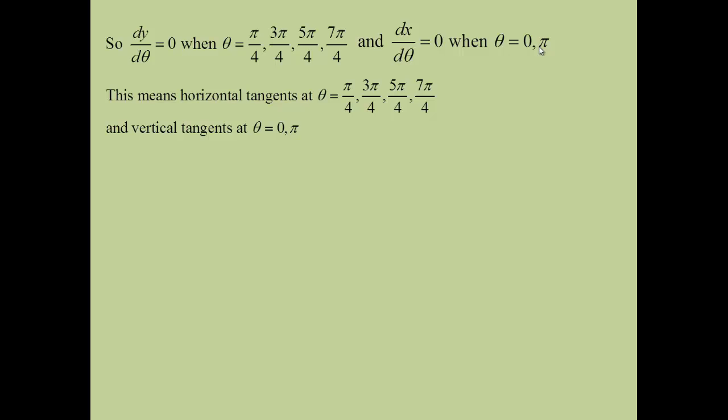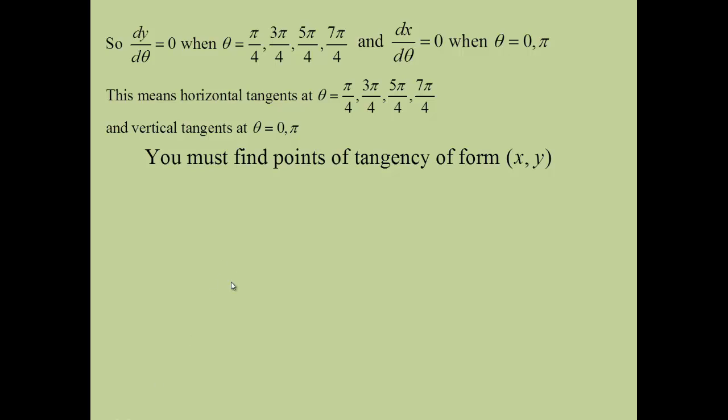So it seems easy enough. We found the values of theta where we have horizontal tangents and the values of theta where we have vertical tangents. But you were asked to find points of tangency. So points of tangency come in the form x, y. We want to see ordered pairs. We know the value of theta that they occur, but we don't know the points where they occur.